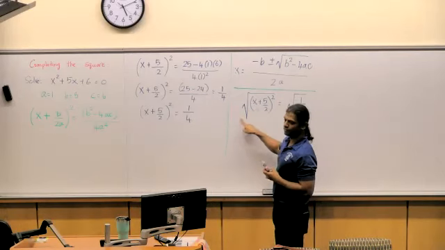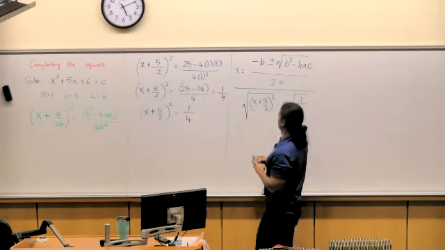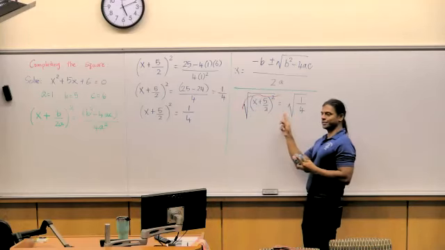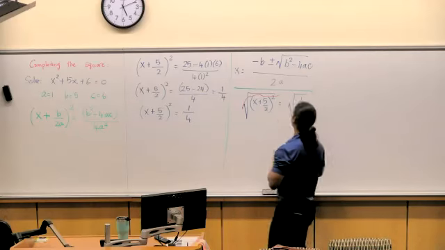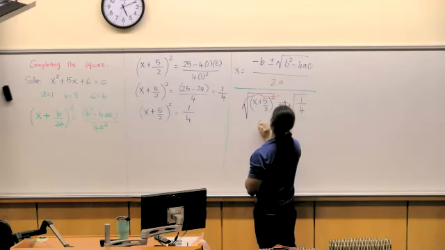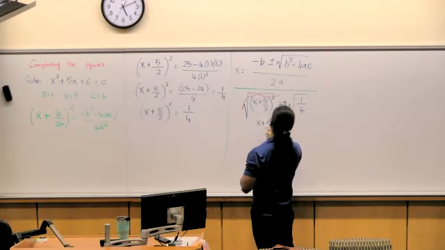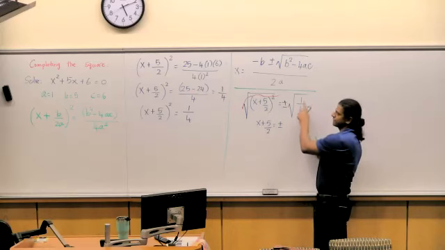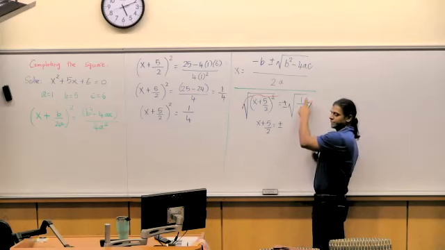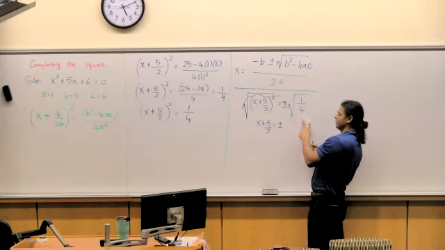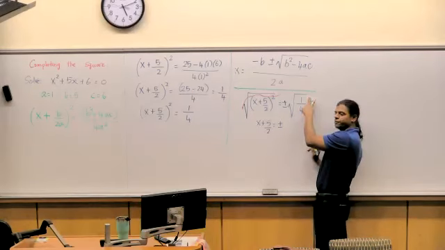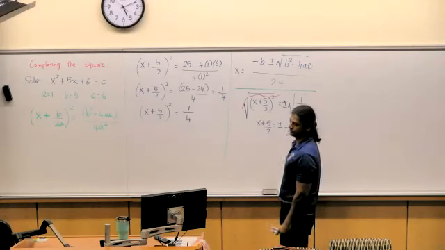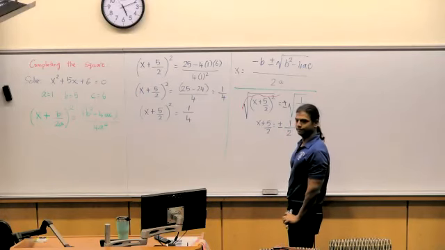What happens to the root and the square? Anytime you have a root, what do you do? Plus or minus. Since I have a root in division, I can apply the root separately to the numerator and the denominator. Square root of 1 is 1. Square root of 4 is 2. Good.